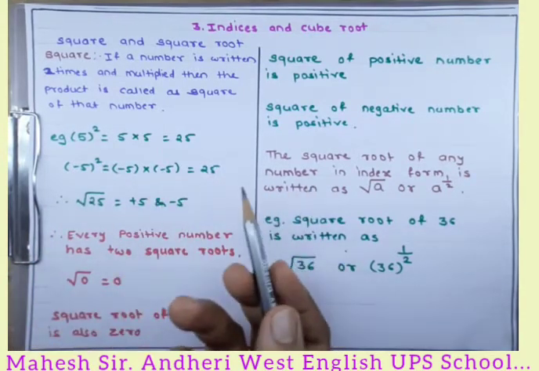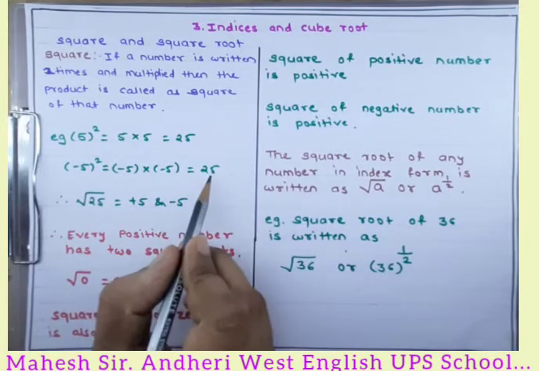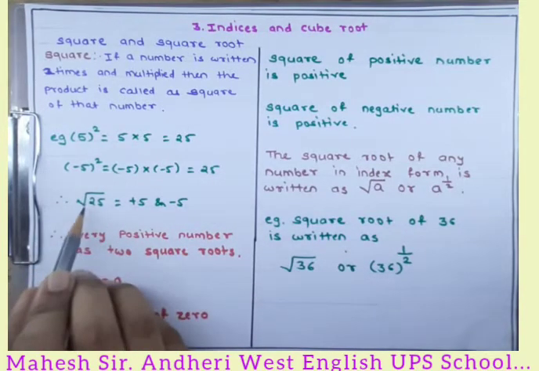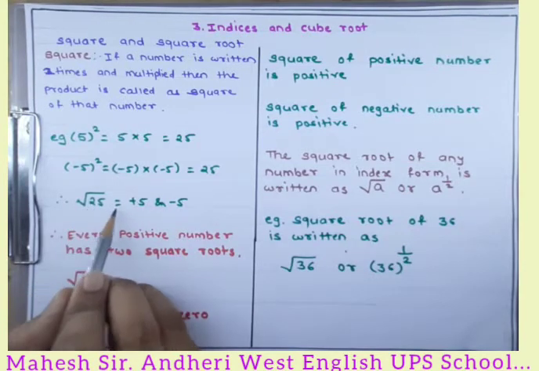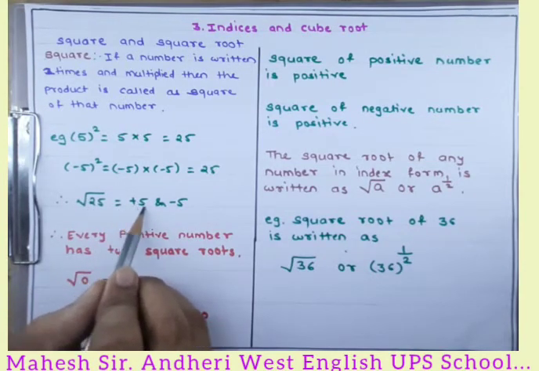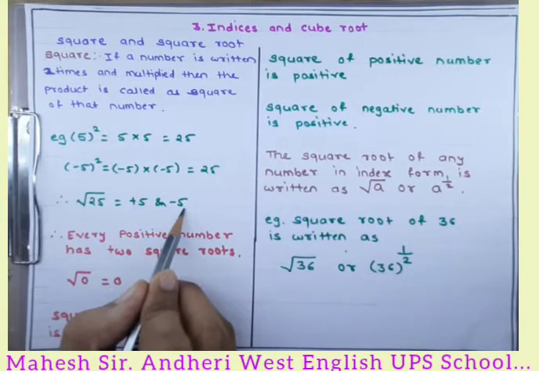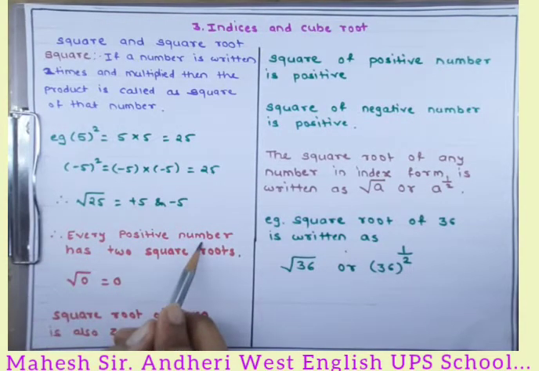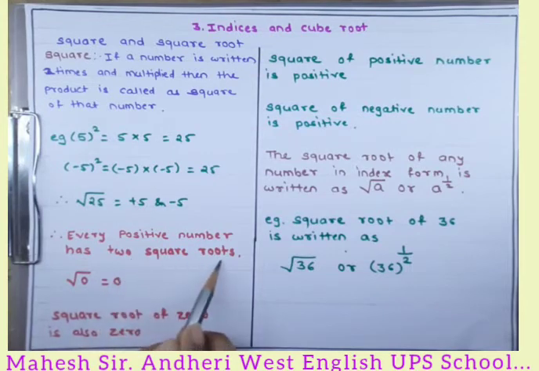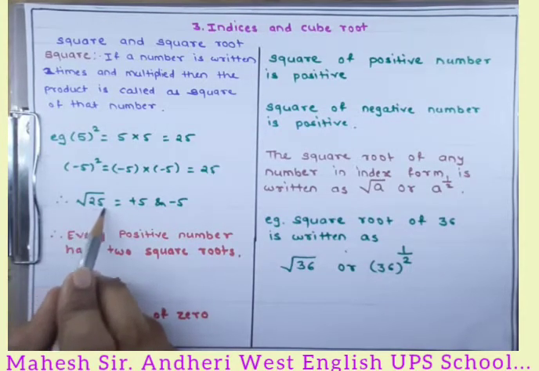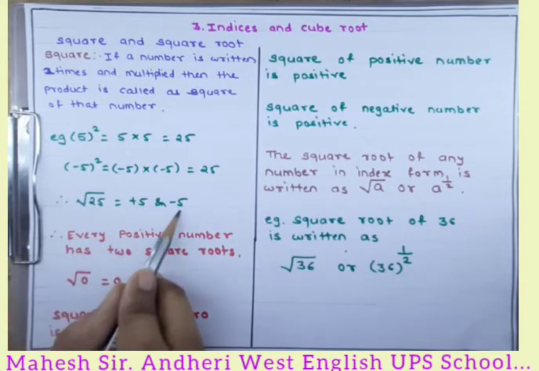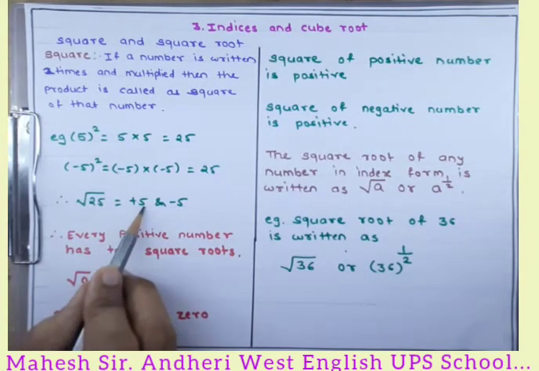So in the converse, we can write square root of 25 is minus 5. So I have written square root of 25 is plus 5 and also minus 5. So what we can conclude, every positive number has two square roots. Here 25 is a positive number, and its square roots are two, that is plus 5 and minus 5.